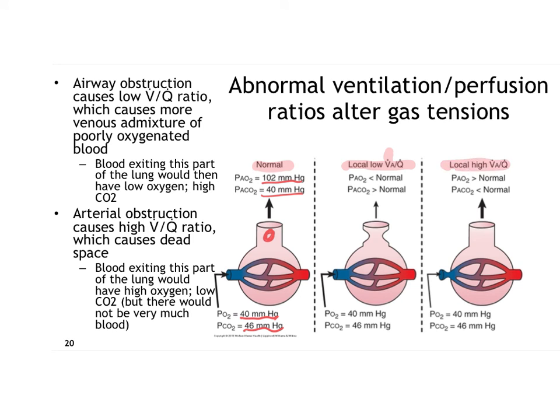So if I look at these things from that regard, if I have a low VQ ratio, then I have to have something that is impacting my ventilation and not allowing ventilation to get in, which would occur where I have a constricted or obstructed portion of either my alveolar duct, my terminal bronchioles, or respiratory bronchioles, down in those stages, such as I would see when I would have things like COPD, chronic bronchitis, asthma, emphysema.